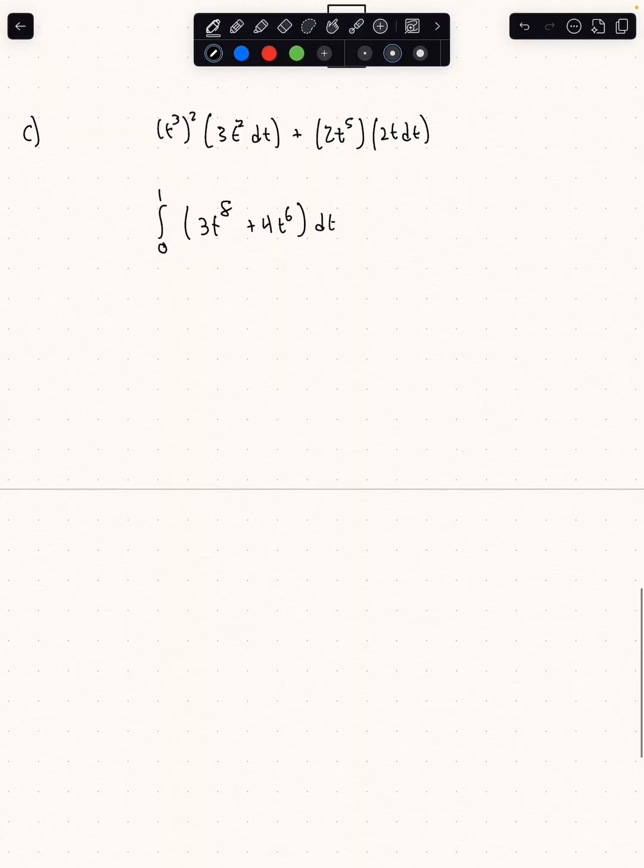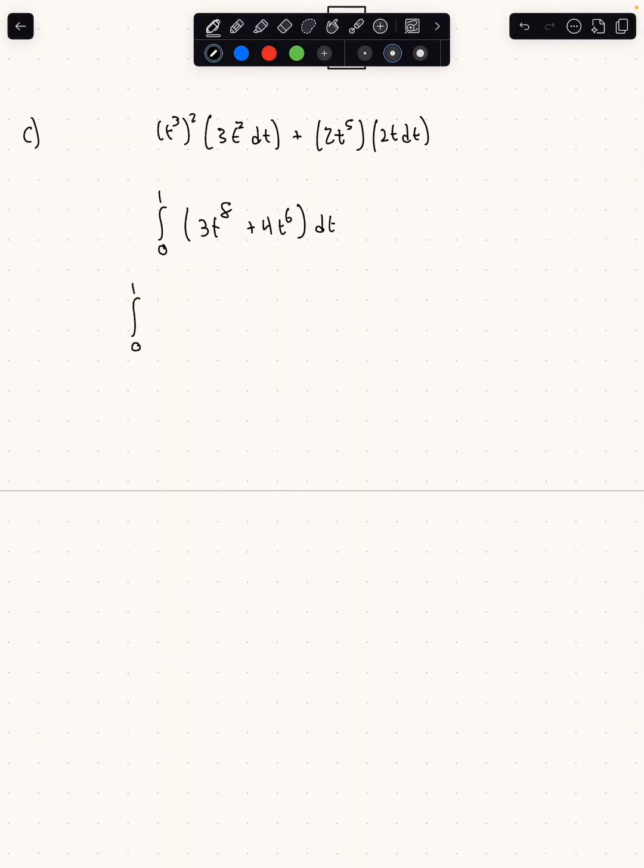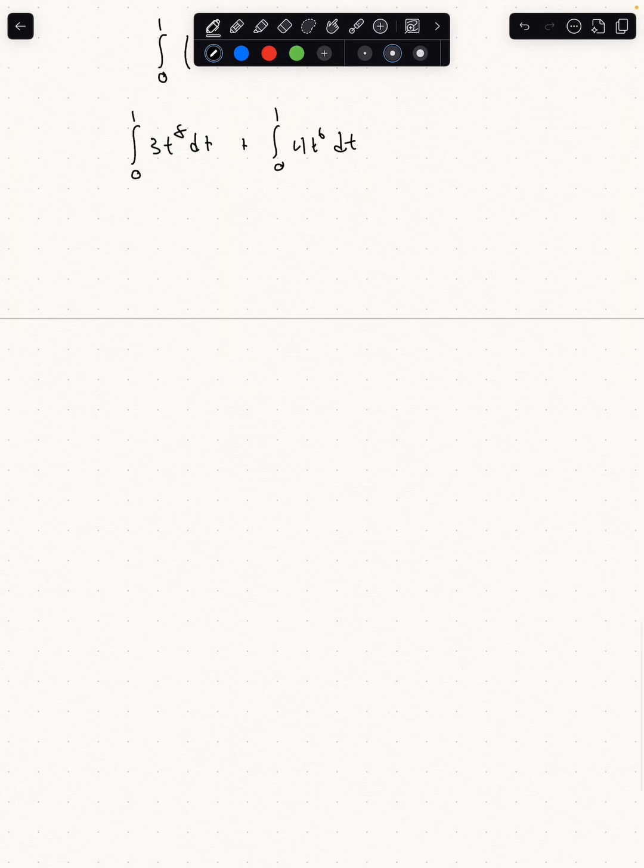Yep. Okay, and then again, we can split this up into two integrals, the integral of 3t to the 8th dt plus the integral of 4t to the 6th dt. And then this becomes 3/9 t to the 9th from 0 to 1 plus 4/7 t to the 7th from 0 to 1.